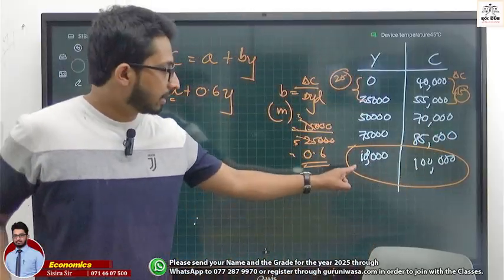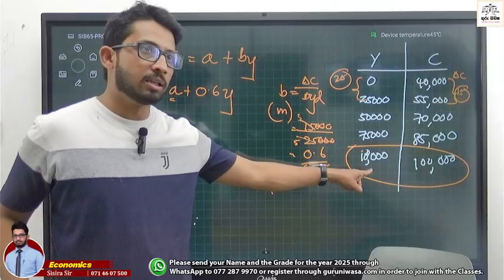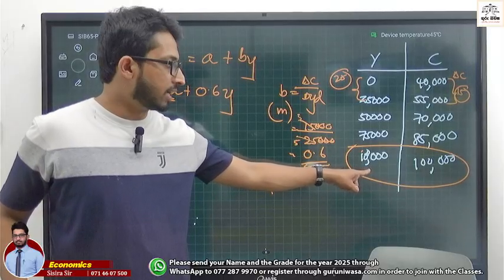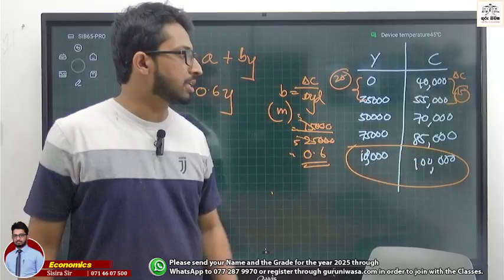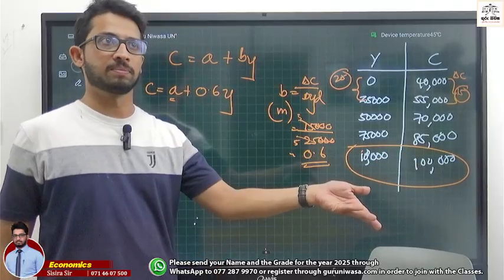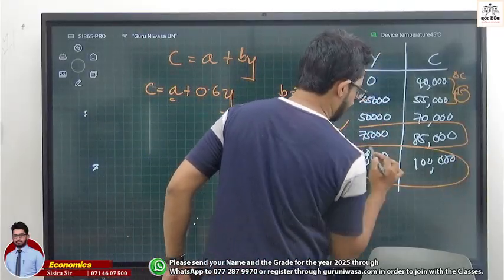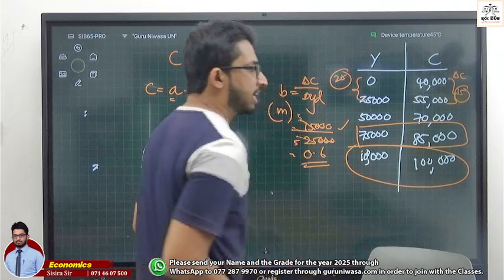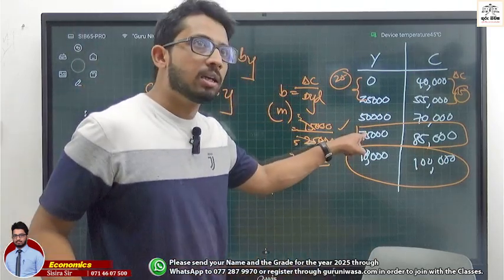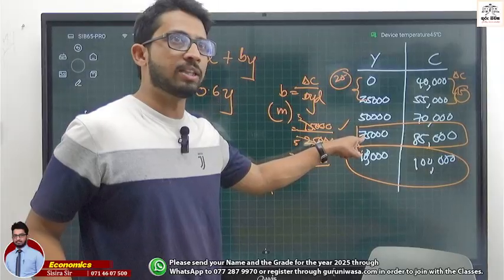Okay, Lamai. At the last point, Y or income is 100,000. Consumption is also 100,000. Okay, I'll choose this one. Consumption 85,000. Income is 75,000.